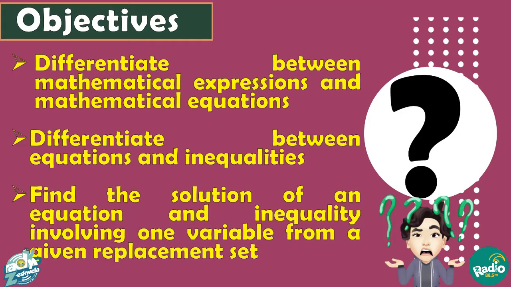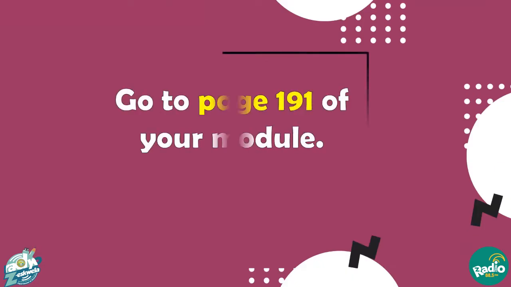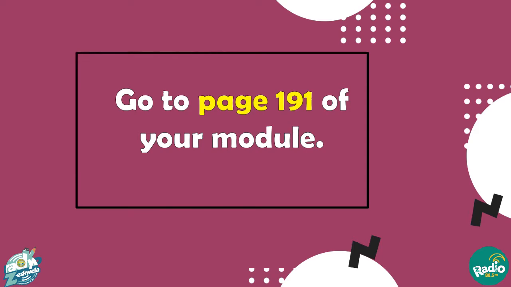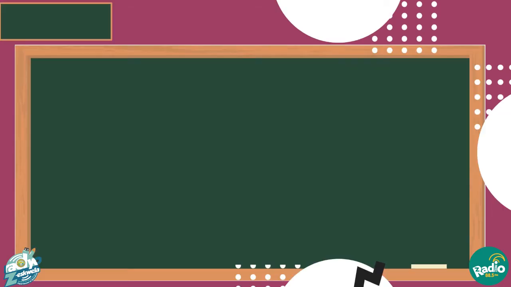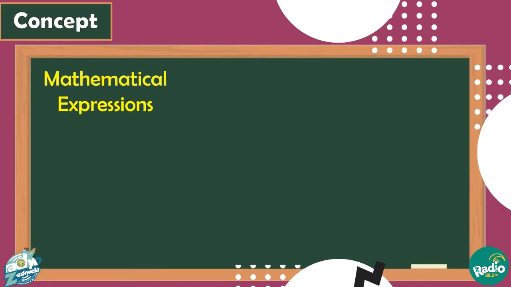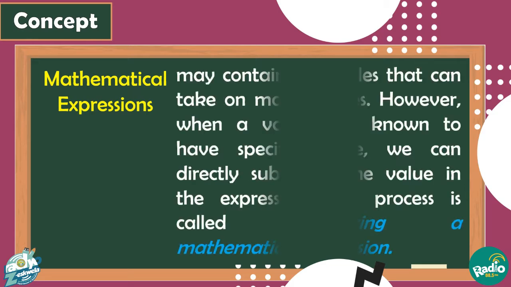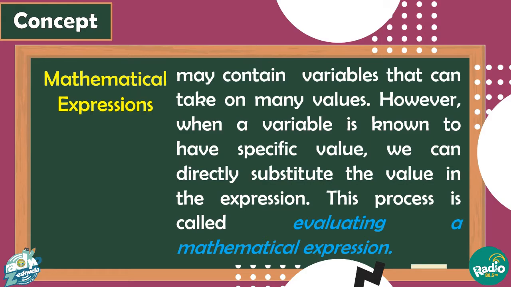And we are set, students. Let's start our lesson for today. This time, please go to page 191 of your module and let us read and analyze the concept. As written, mathematical expressions may contain variables that can take on many values.